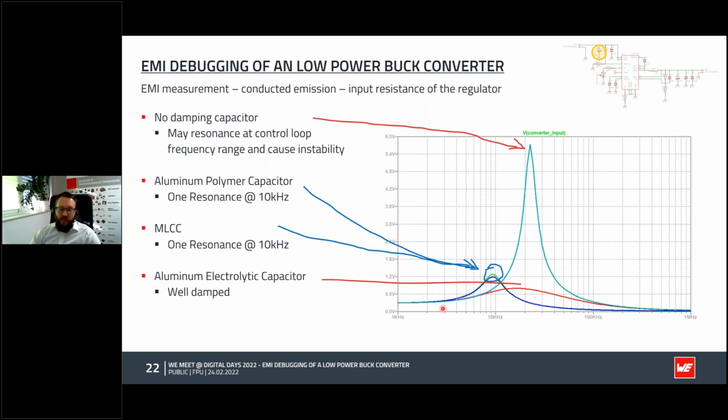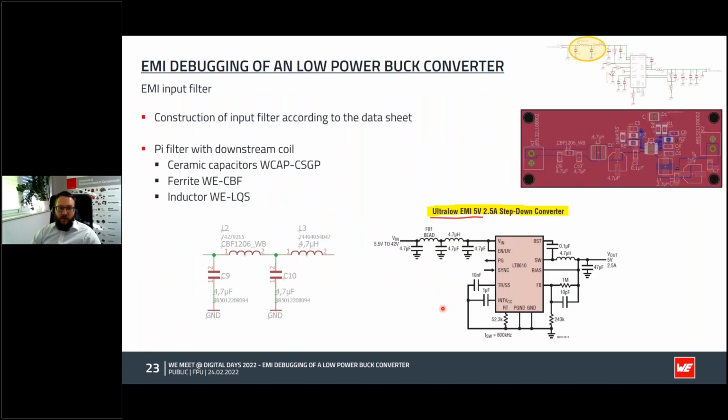So this is why it's really worth staying with the aluminum capacitors from the stability point of view, and we have to figure out how we get the EMC to the right value so that we go under the limit. For this, we had a look into the data sheet, and it's really nice that they already suggest some ultra low EMI filter setup, like a pi filter with an additional coil here.